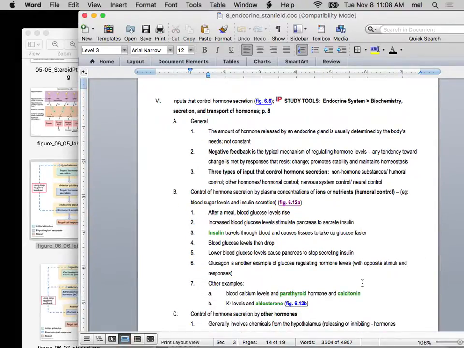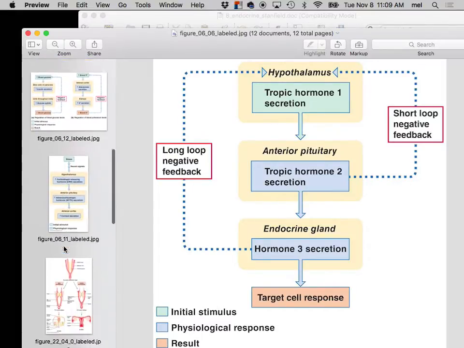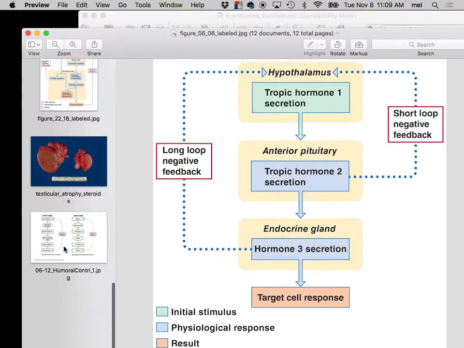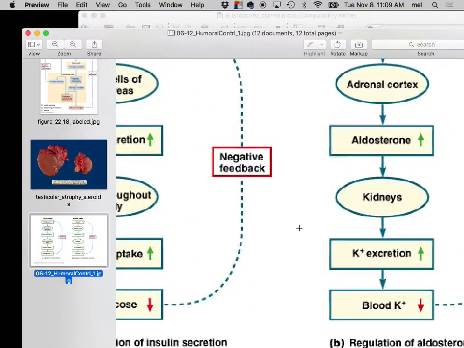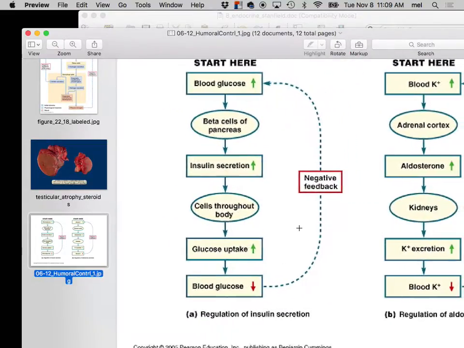Okay, so let's look at a couple of examples. These are not going to be hard. It's not new information. Okay, so the one that you guys already told me is this. So I will show you, and then you are going to tell me with this one right here. This is an example of which of them? Non-hormone substance controlling, hormone controlling, or nervous system controlling?